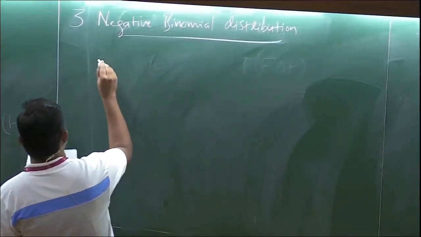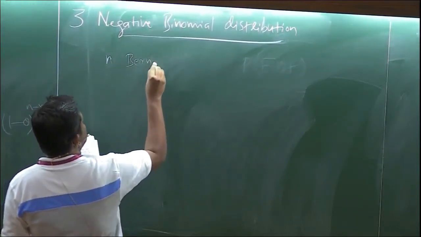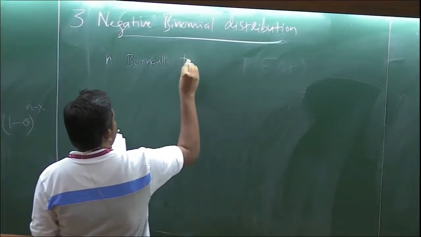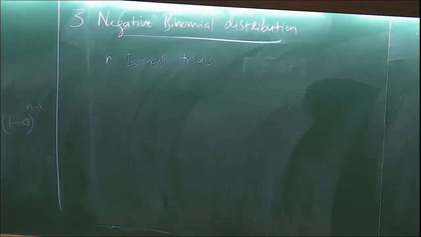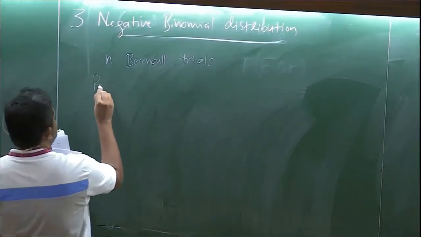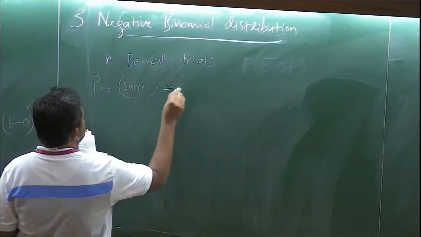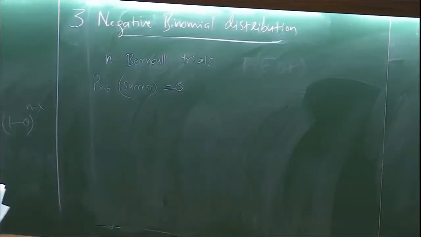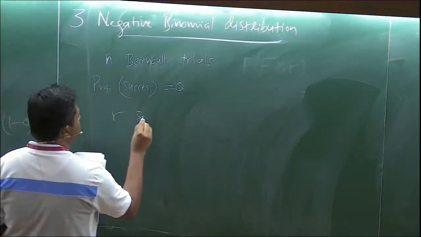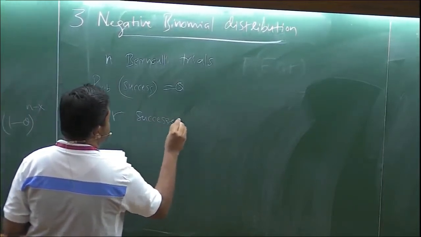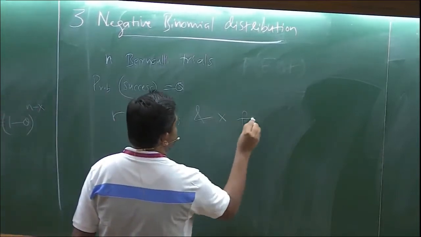You define this as you do independent Bernoulli trials, and define the probability of a success as theta, and ask what is the probability that there are R successes and X failures.